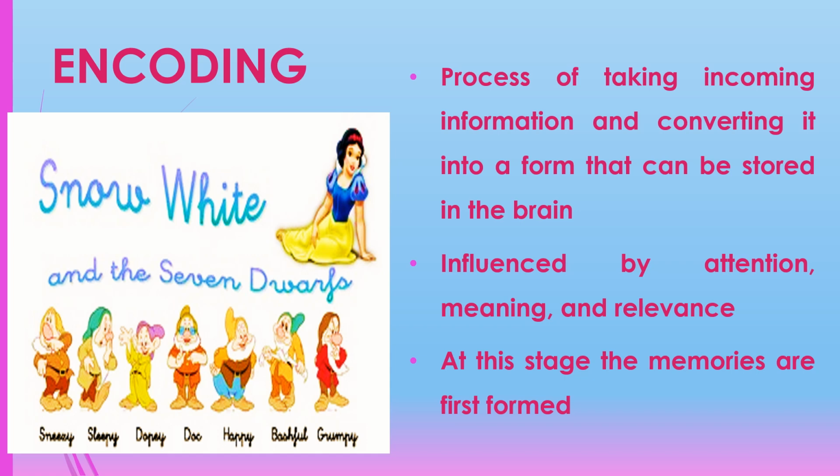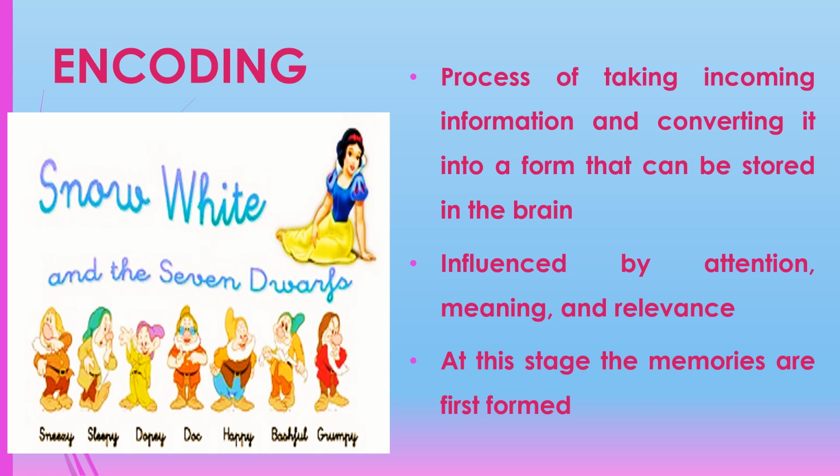In this case, you are actively trying to learn the names of the 7 dwarfs, so you are paying close attention to the names. Then you will process the information. First you give attention, then you process the information and give it a meaning. For example, you might associate each dwarf's name with their personality traits.